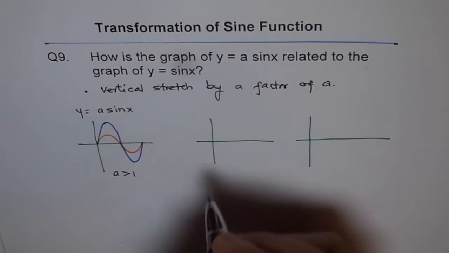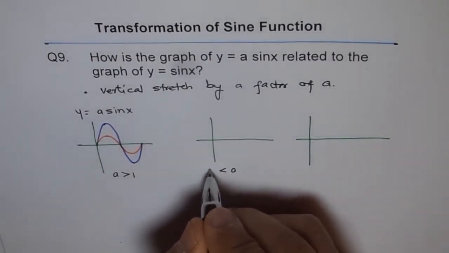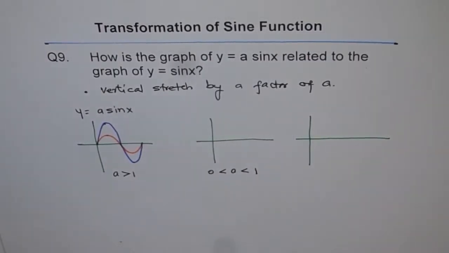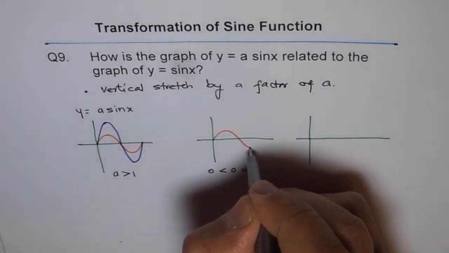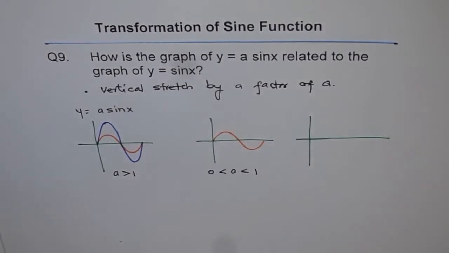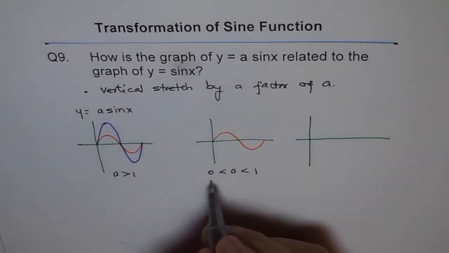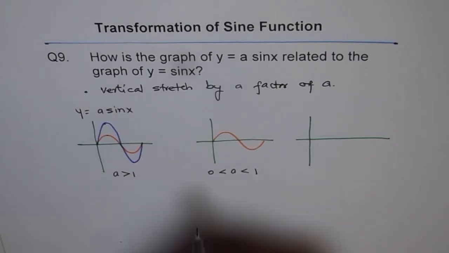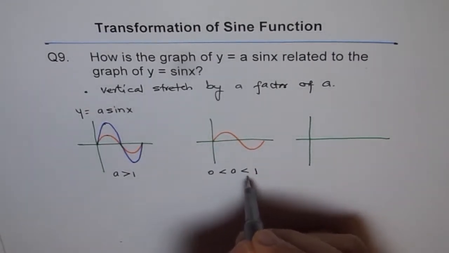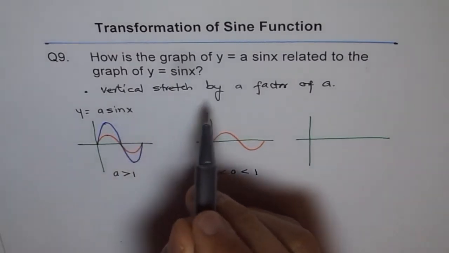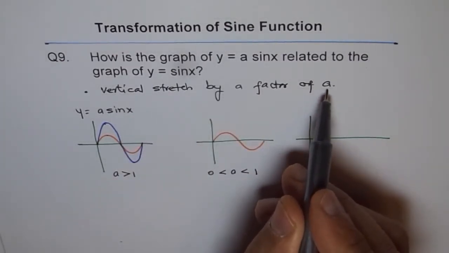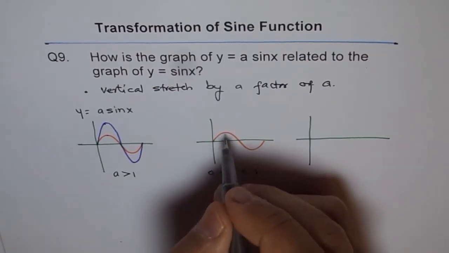Now let us consider a case where a is greater than 0 but less than 1. In that case, what happens? Let's say this is our sine function. Now since a is less than 1 but greater than 0, then this will be divided by some number, right? Let's say a is now 0.5. So we say vertically stretched by a factor of 0.5. Do you understand? 0.5 makes it half, right?